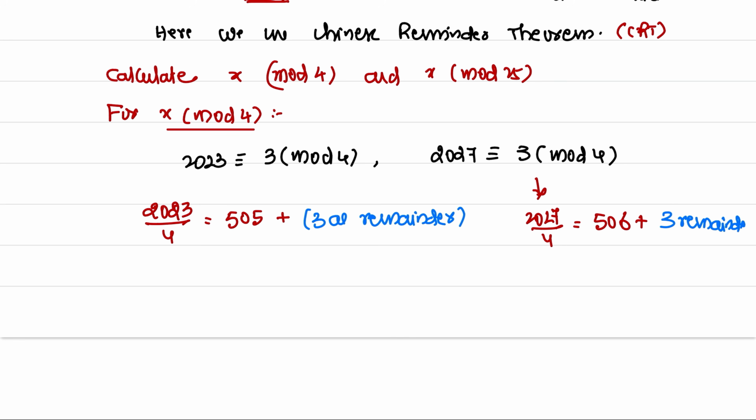This is a remainder. It is not a multiplier. That means ultimately 2023 is equivalent to 3 mod 4 and 2027 is equivalent to 3 mod 4.